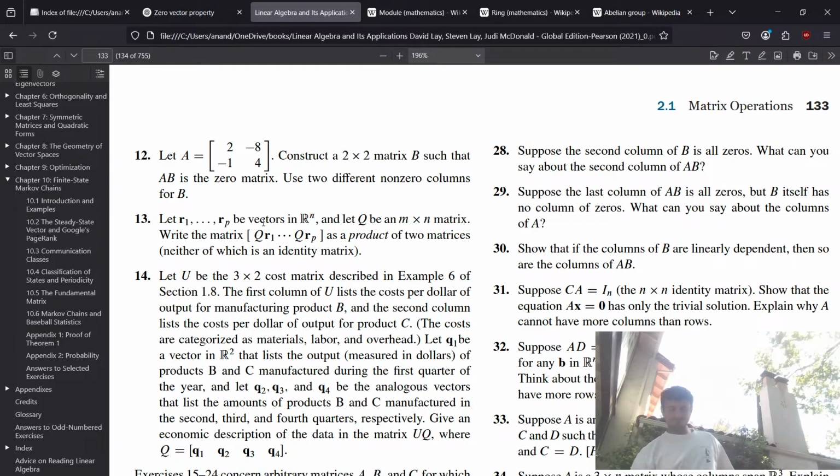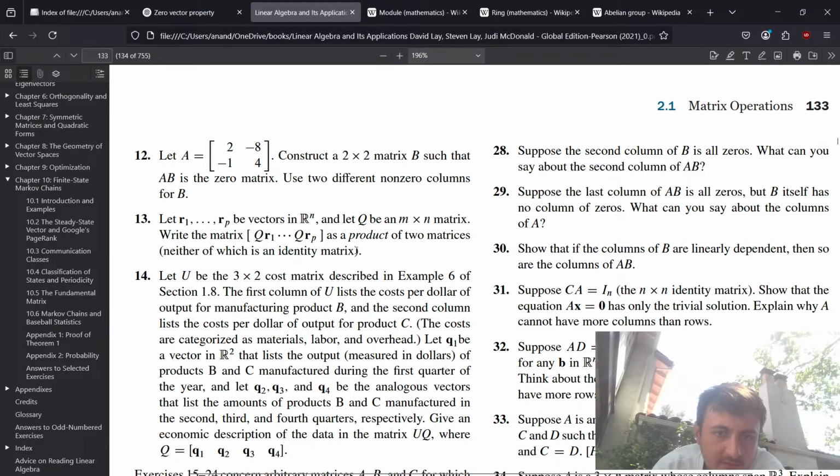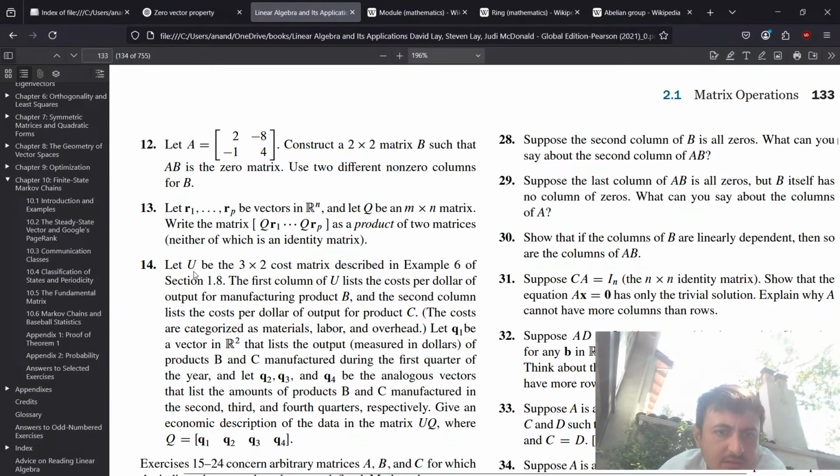Okay. Wait, this one's easy. This is going to be an n by p. So it's just going to be q times big R. That one's easy.